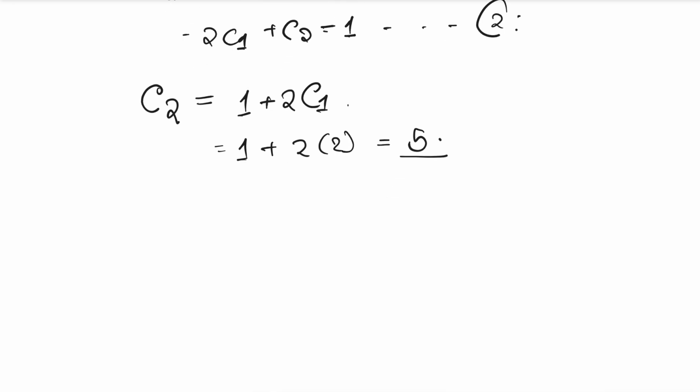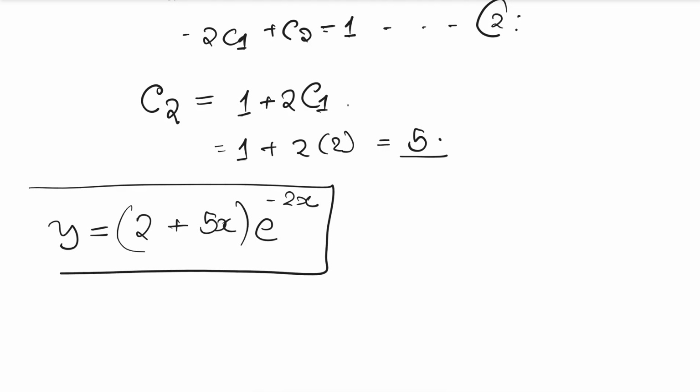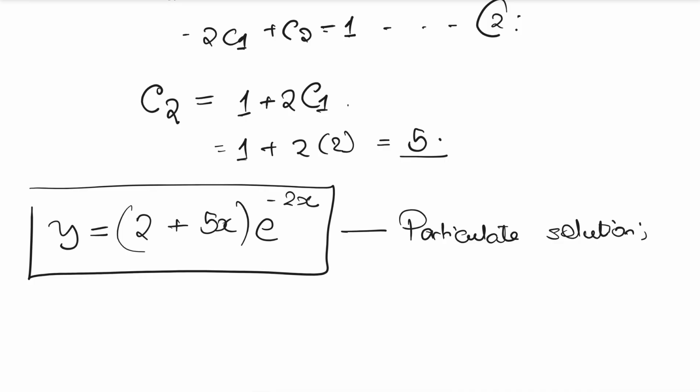So the particular solution will be y is equal to (2 plus 5x) e to the power minus 2x, and this will be our particular solution. Hope you understand.